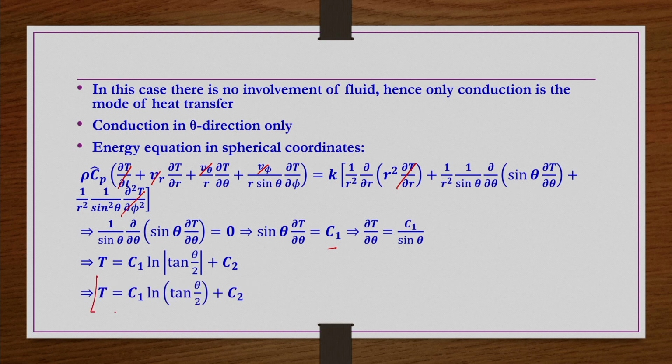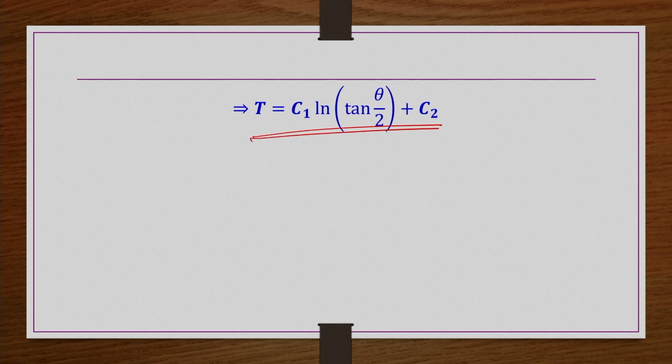So, T equals C1 ln tan theta by 2 plus C2. Now, this C1 and C2 we have to find using the boundary conditions that we have. The same temperature expression is written again here.